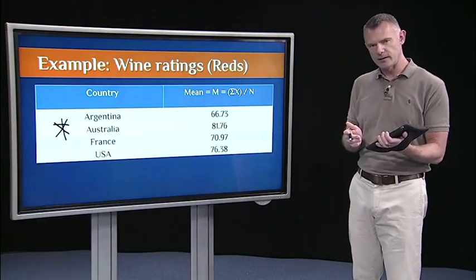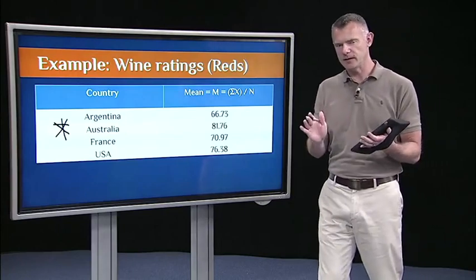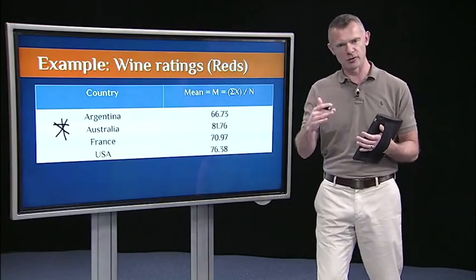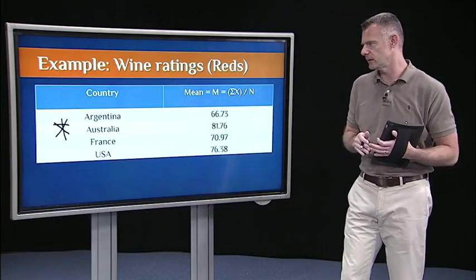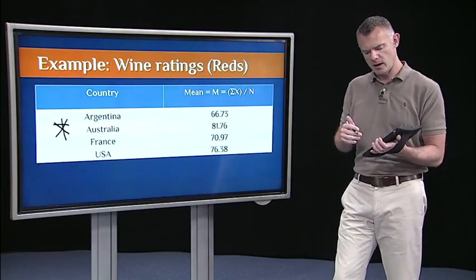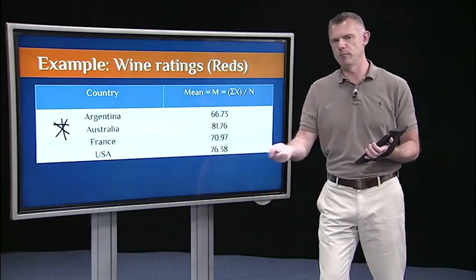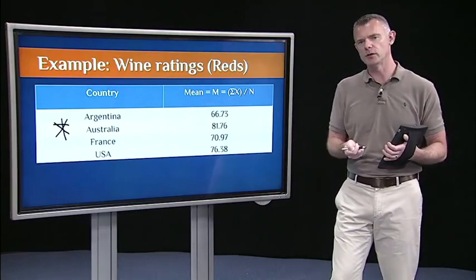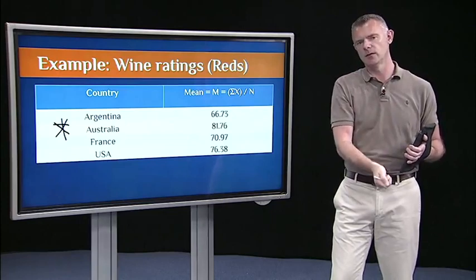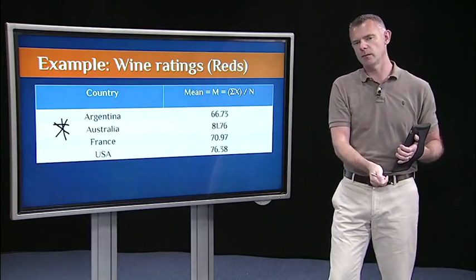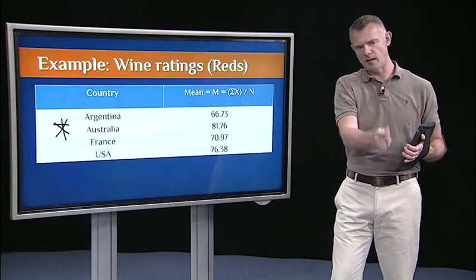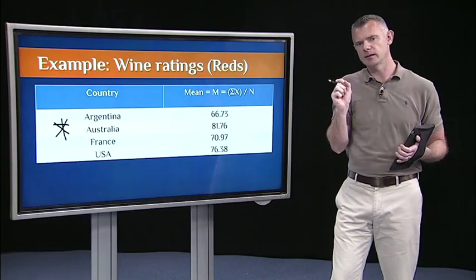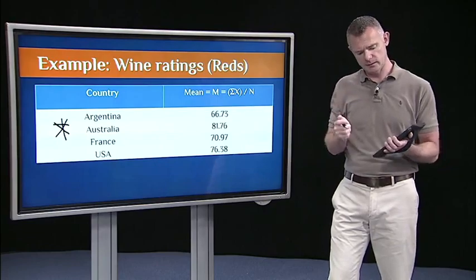But how do we calculate the mean? And hopefully this is review to you. But again, this is supposed to be an introduction, very first course in statistics. So if you're not familiar, the way we did this is we plugged the numbers into R. But if we wanted to do this by hand, all we would have to do is take all the ratings from the 100 wine experts, just put them in a column, sum that entire column, and then divide the sum by the number of ratings.